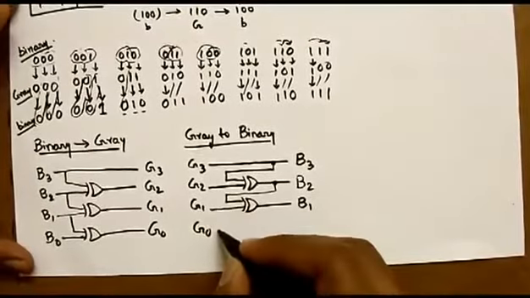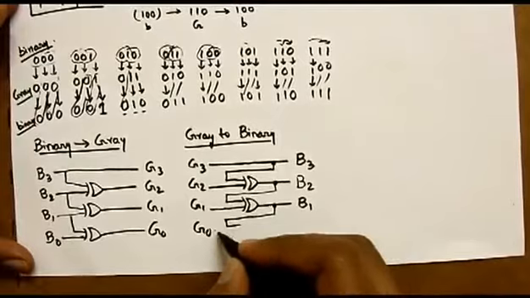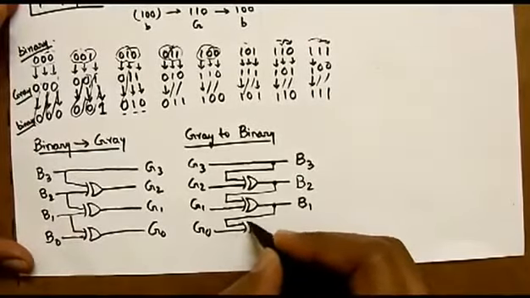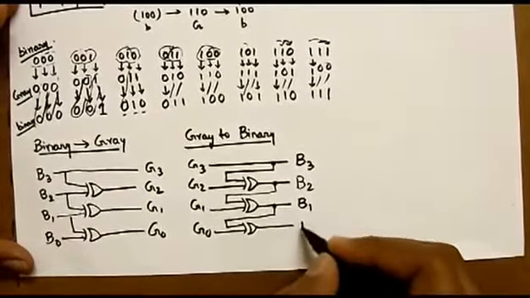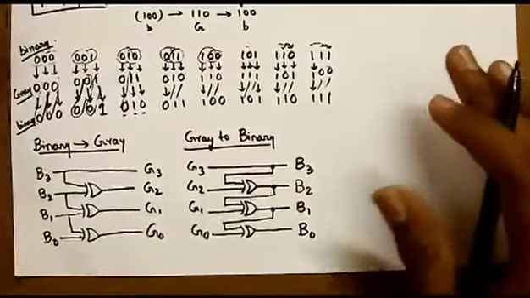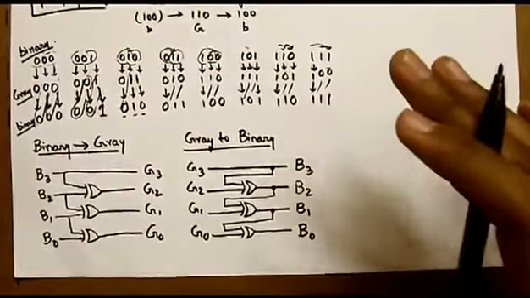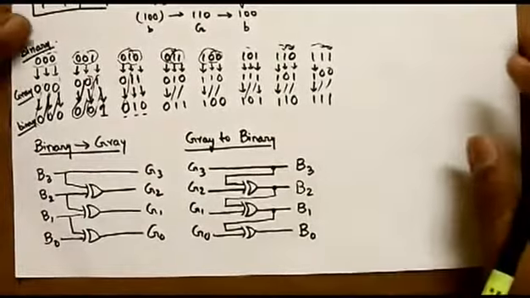So it is just for ease of convenience. So I'm taking the output of this bit and XORing it with the LSB, getting B0. So that is a very simple and very easy to understand code converter logic equivalent circuit.